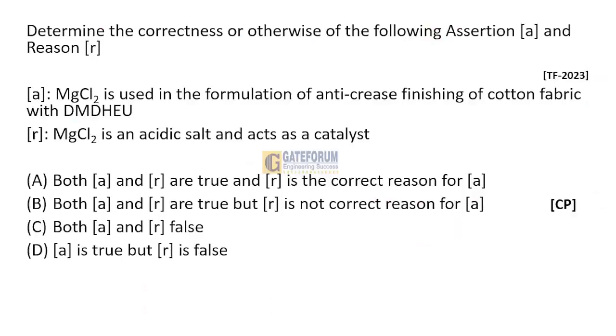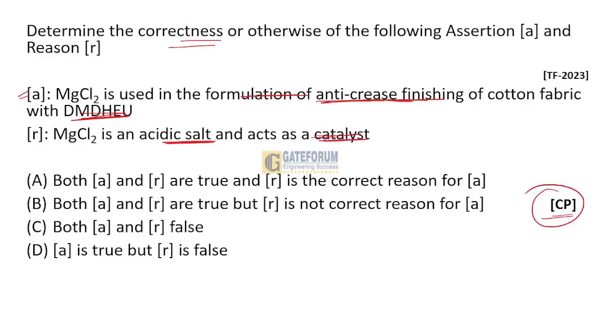It is a chemical processing question. It says to determine the correctness or otherwise of the following assertion and reason. The assertion is that MgCl2 is used in the formulation of anti-crease finishing of cotton fabric with DMDHEU. And the reason says that MgCl2 is an acidic salt and acts as a catalyst.